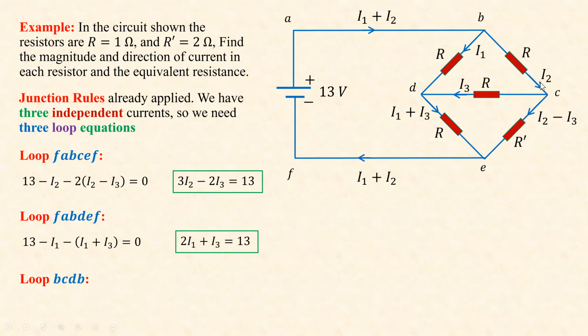So if you do that, you get I2 times 1, then I3 minus I2 minus I3 plus I1, equal to 0. All right. And that becomes I1 equal to I2 plus I3. Any questions so far?